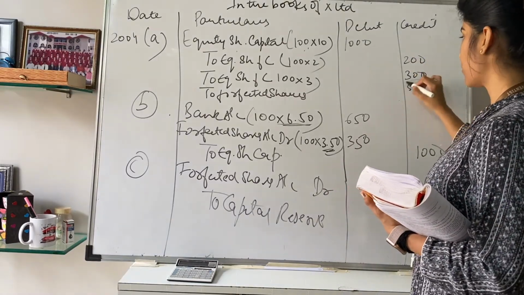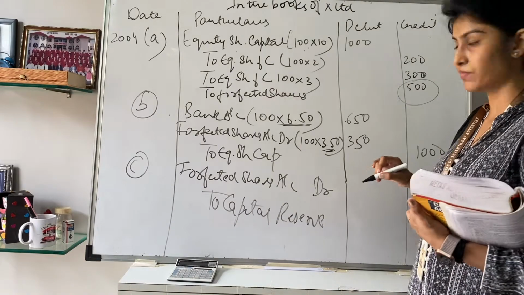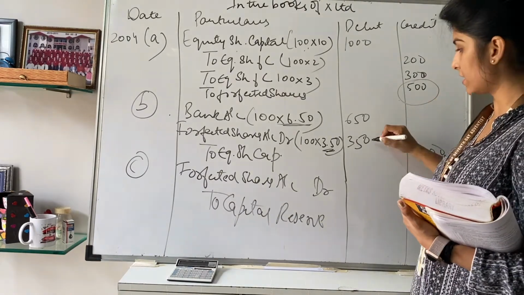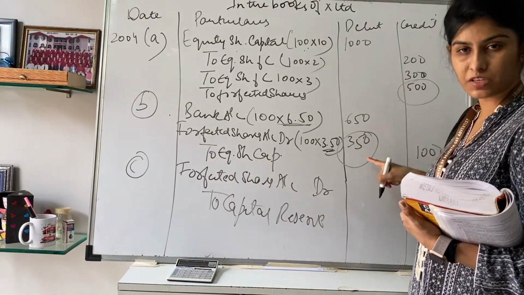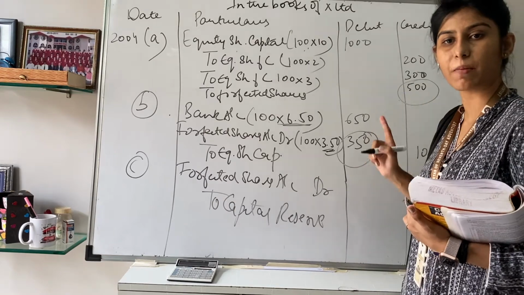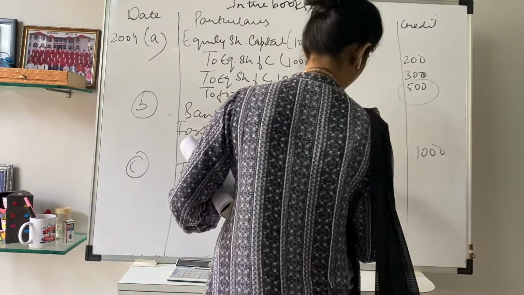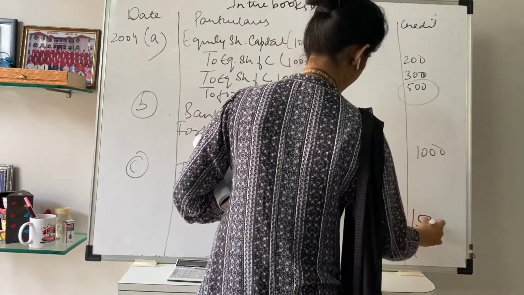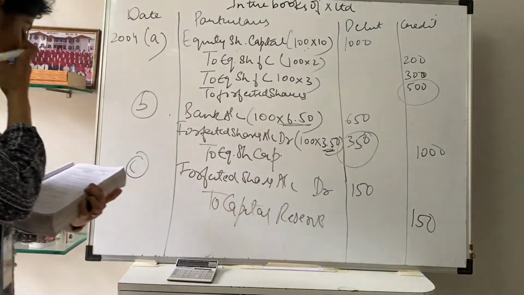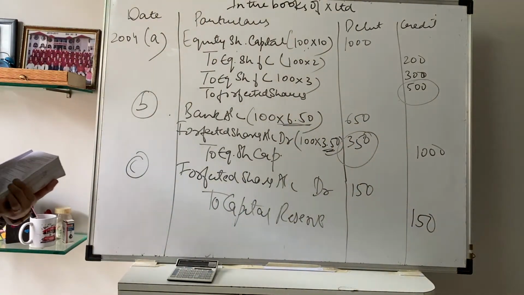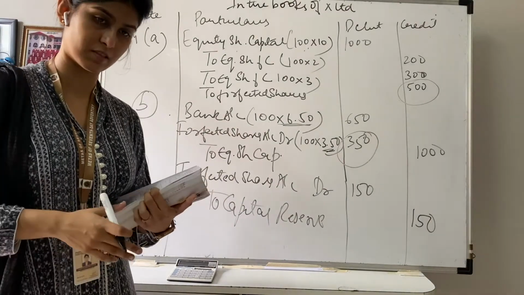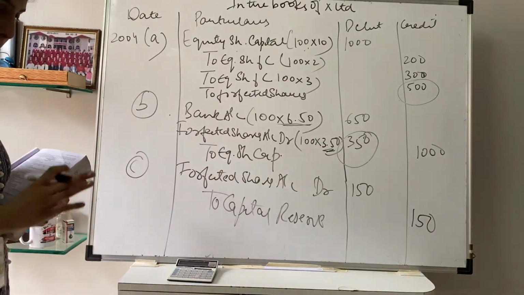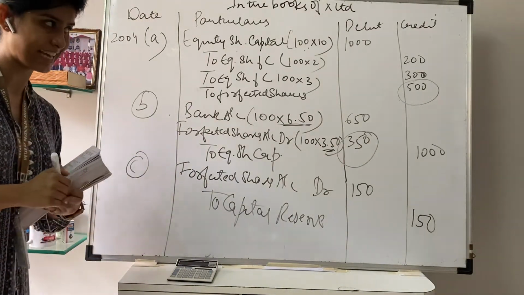Here we have forfeited shares as 500, and here we have 350. The difference between both is 150. That is the part of your capital reserve, 150. Being profit on forfeited shares transferred to capital reserve. This is subpoint A.